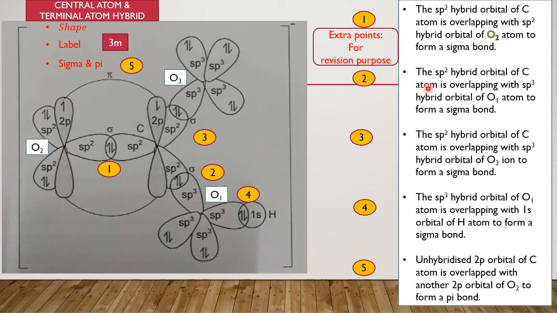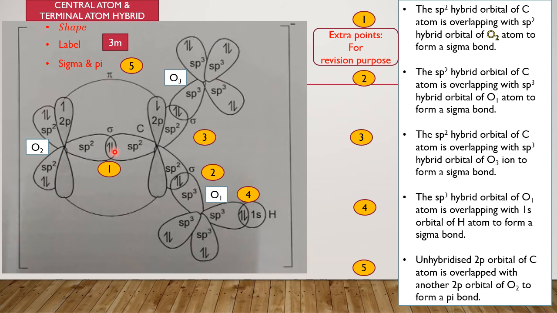So here are the extra points for revision purposes. If the question asks you to explain or describe, you have to show all the explanation over here. You have to state clearly what kind of orbital. Let me try to explain one example. Point number 1 is over here: the sp2 hybrid orbital of the carbon atom overlaps with the sp2 of the O2 atom to form the sigma bond.